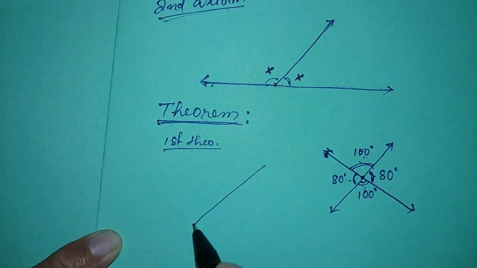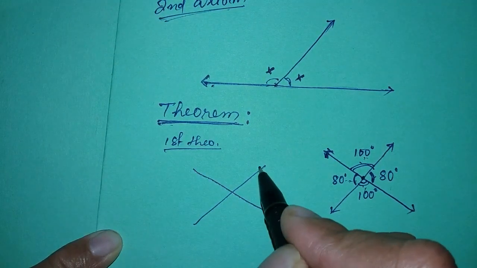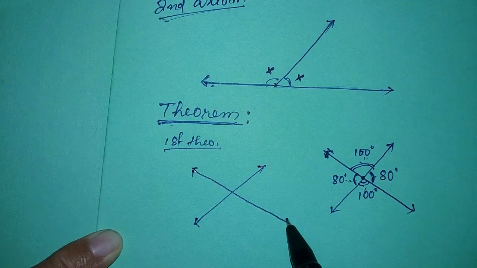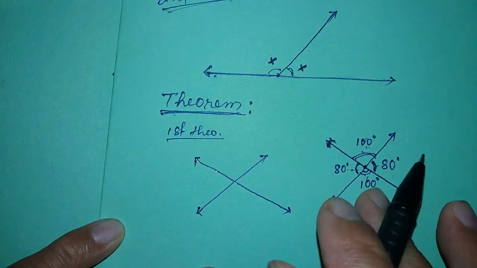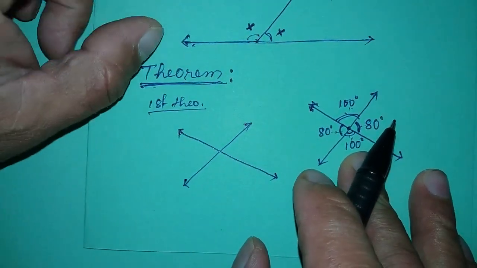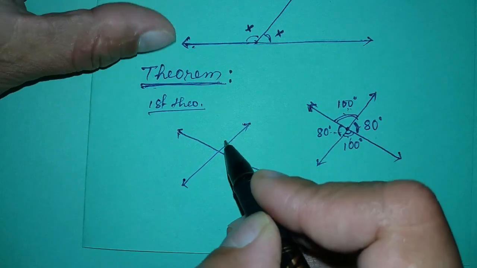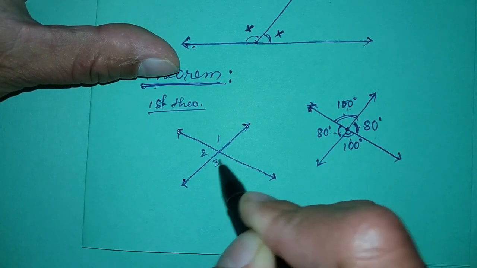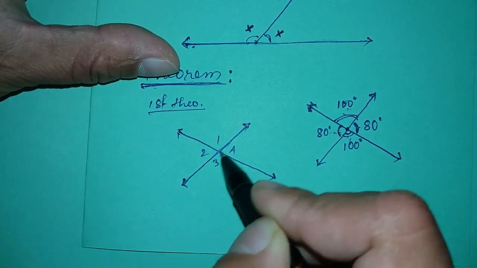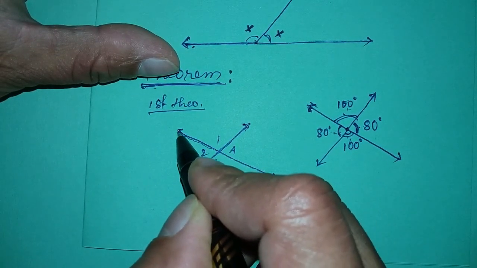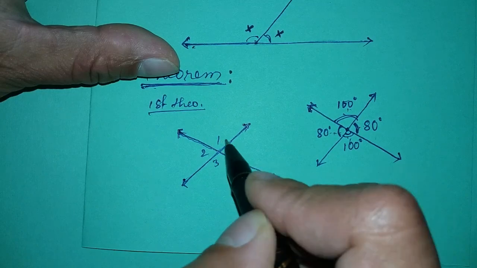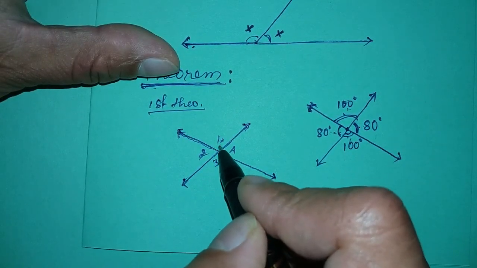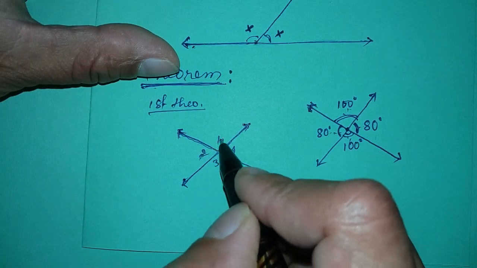Now to prove this, we're going to use the properties of linear pair. Let's say these angles are 1, 2, 3, 4. This is a straight line and this is a ray standing on this straight line, so the sum of these two angles must be 180 degrees because they form a linear pair.